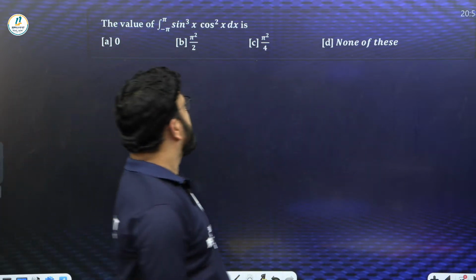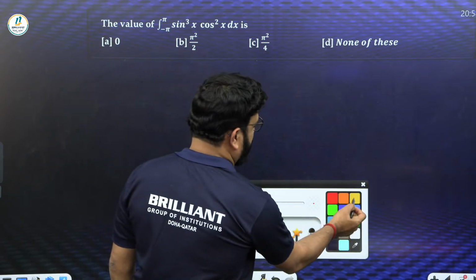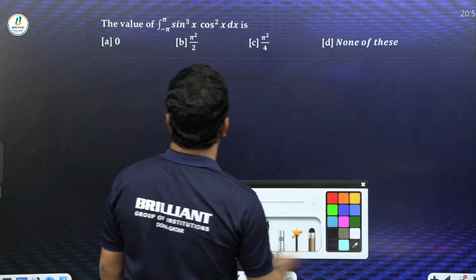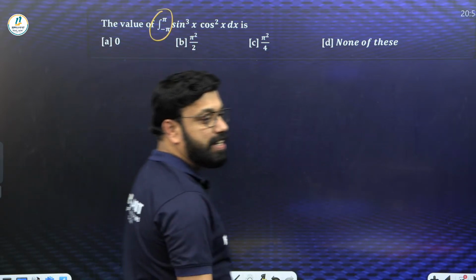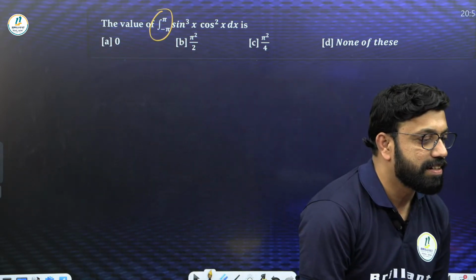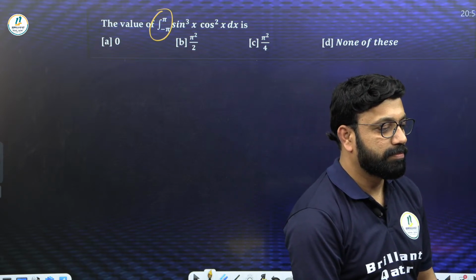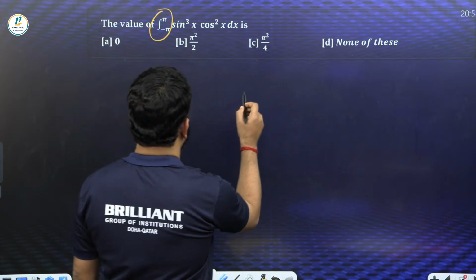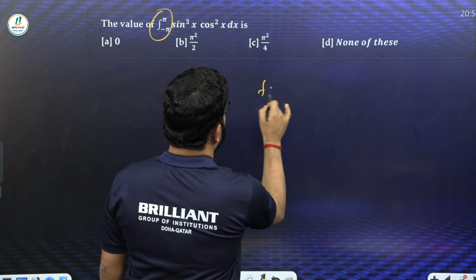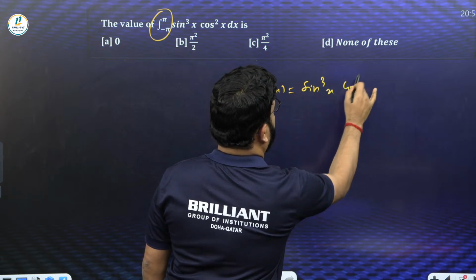Once again, integral from minus pi to pi of sine cube x into cos square x equal to what? I am checking: minus pi to pi is coming, so it is minus a to a. Checking f of x equal to sine cube x into cos square x.